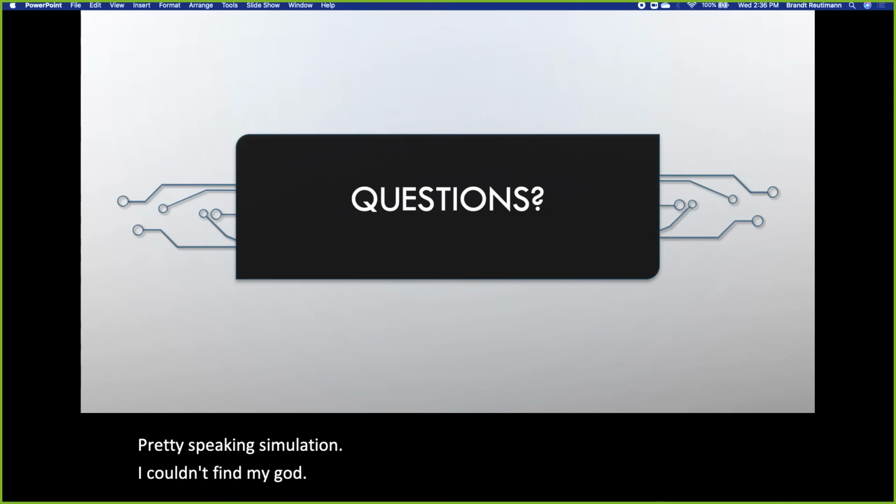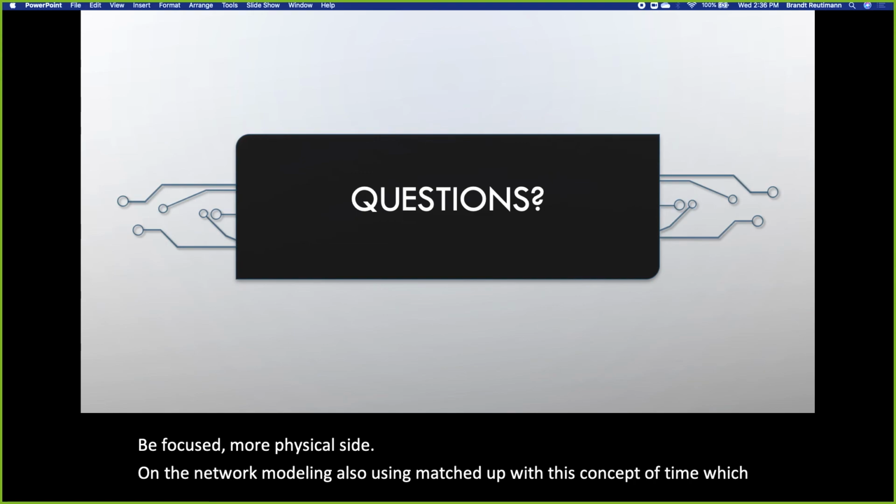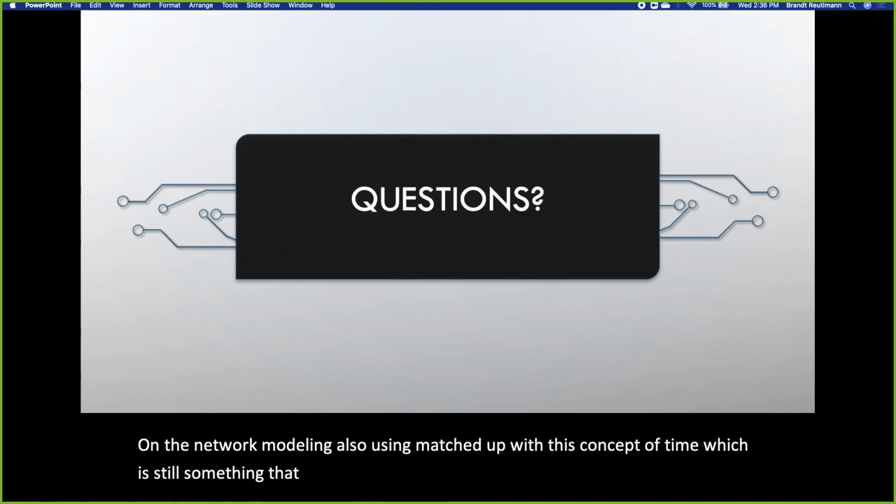The continuous event simulation, the Simulink world, is going to be focused more on the physical modeling side, and I think we can use discrete event simulation quite well on the network modeling, and also to tackle this concept of time, which still gives me gray hair when I think about it.